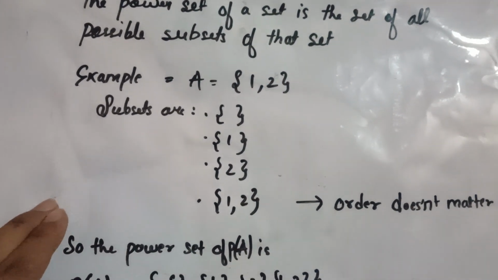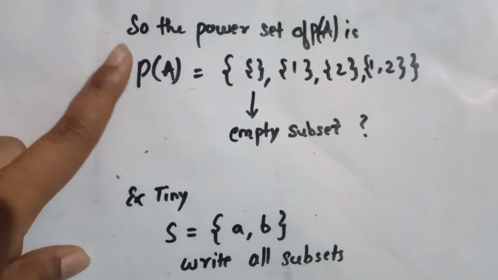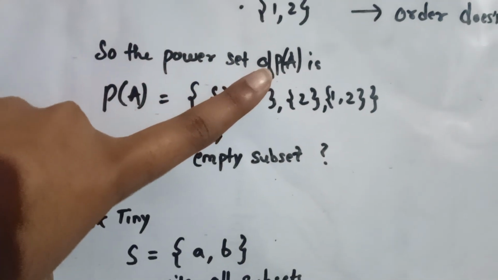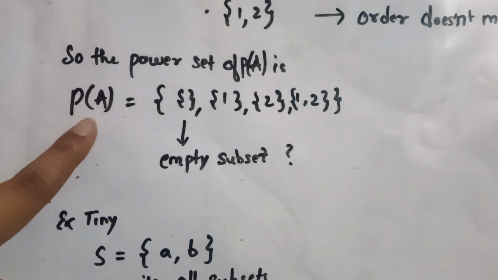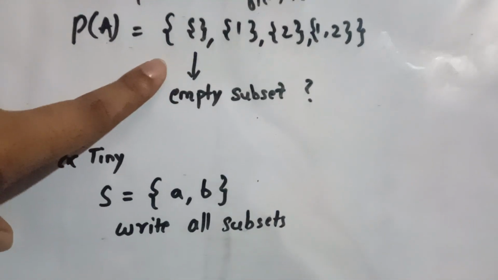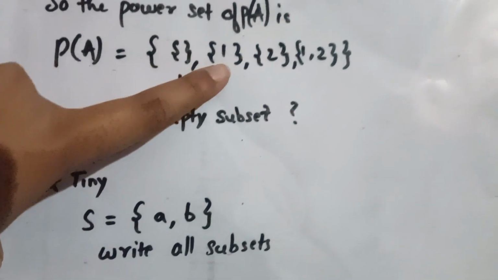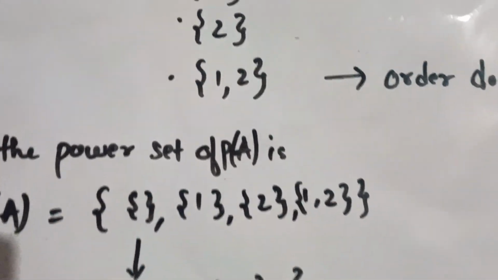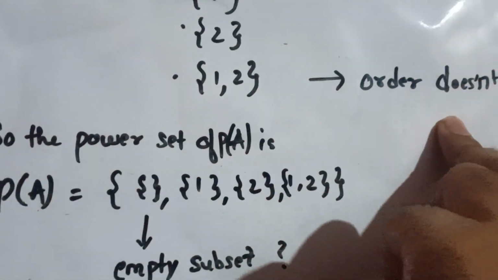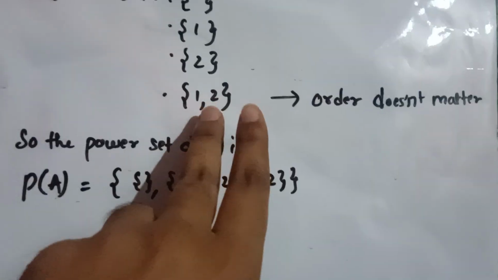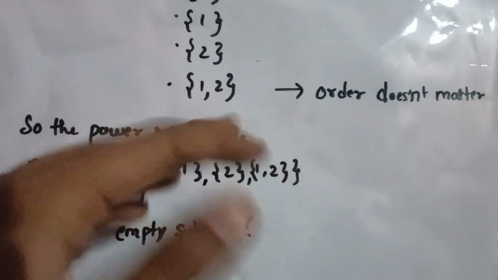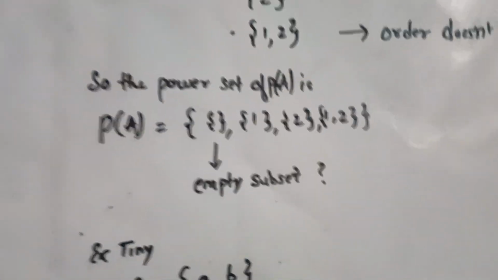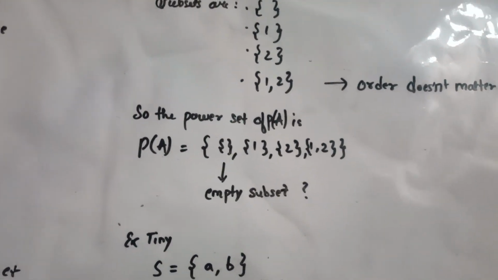That's a power set. So the power set of P bracket A is the empty set, 1, 2 and 1, 2. Okay. I'll just mention here that 2, 1 and 1, 2 are both the same, because previously we mentioned order doesn't matter.